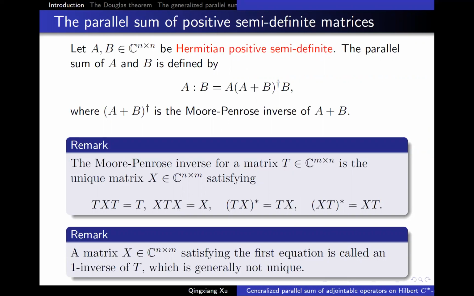These four equations are called the Penrose equations. If X only satisfies the first equation, X is called an inverse of T. Generally, such an inverse is not unique, but for the Penrose inverse, it is unique.